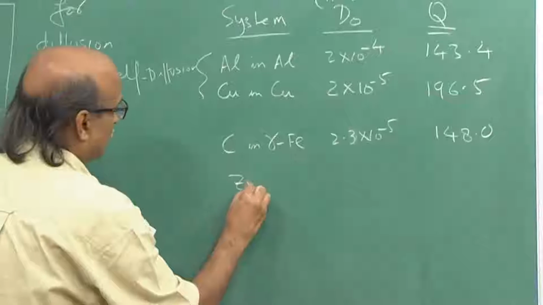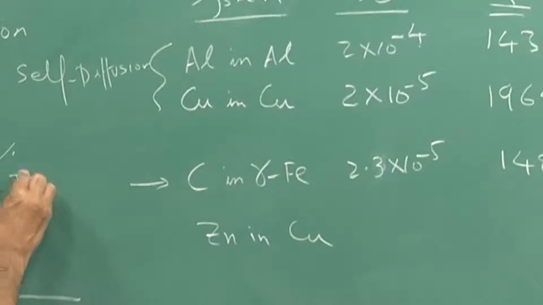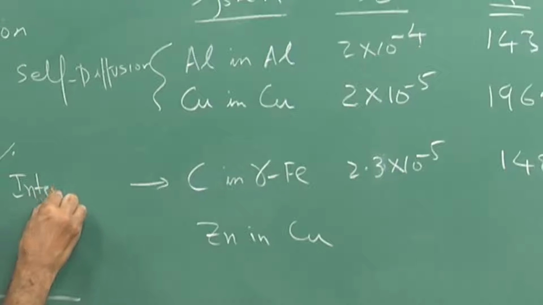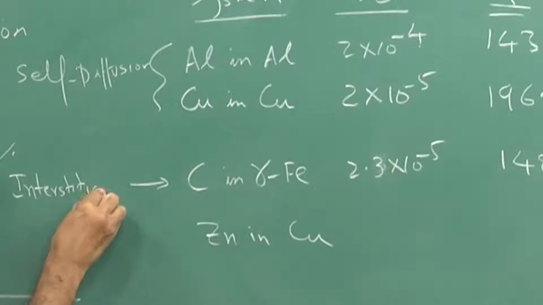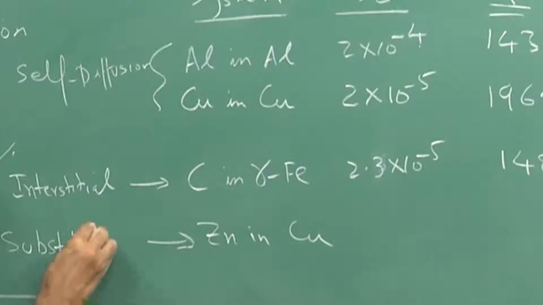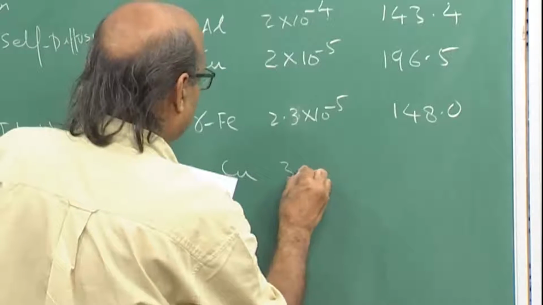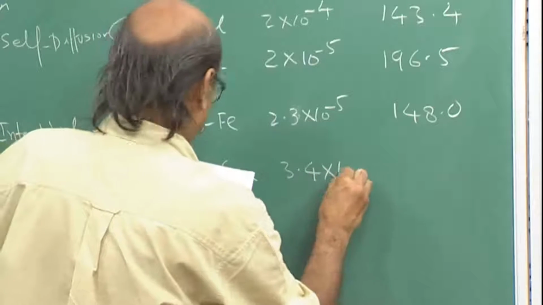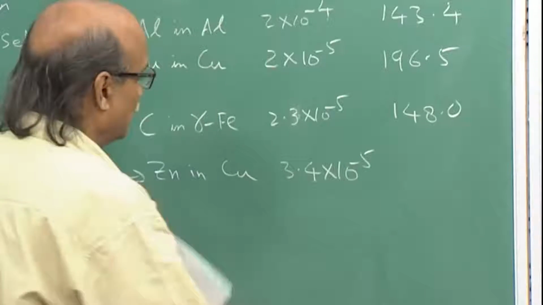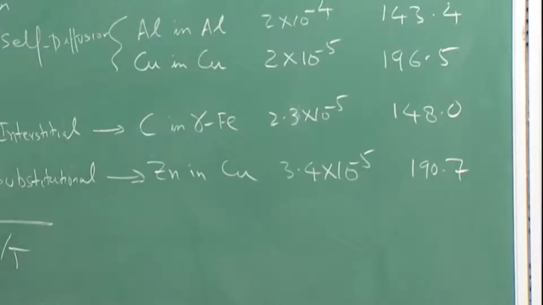This is the case of interstitial diffusion. Zinc in copper is the case of substitutional diffusion. Here D0 is 3.4 into 10 to power minus 5 and Q is 190.7 kilojoules per mole.